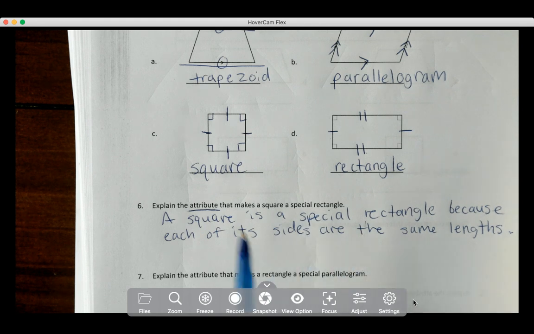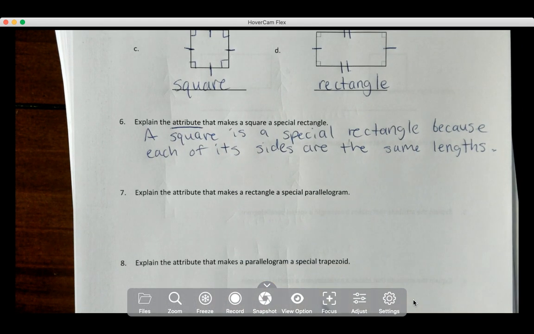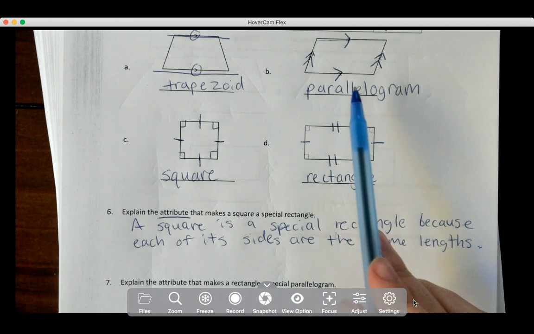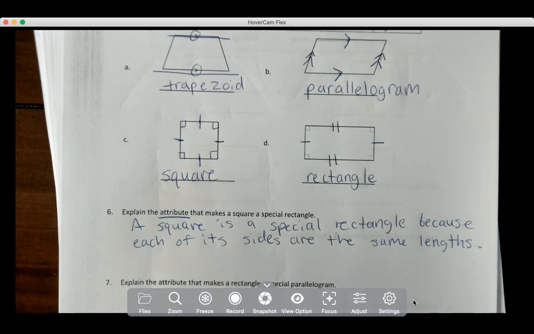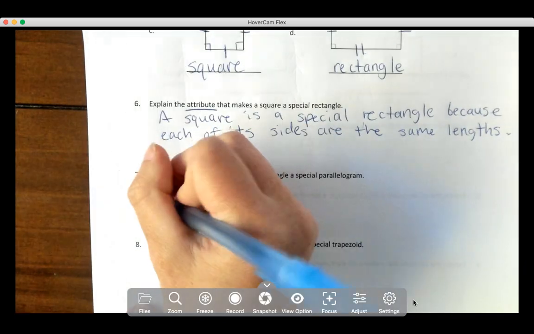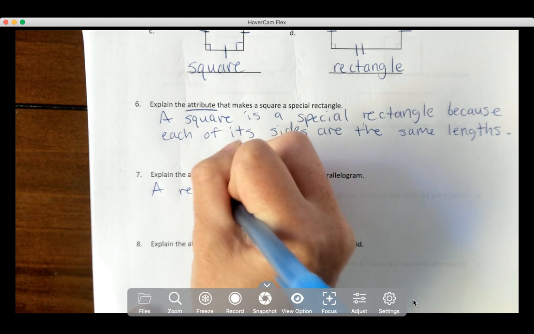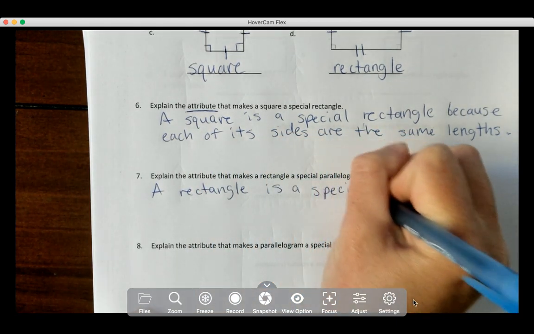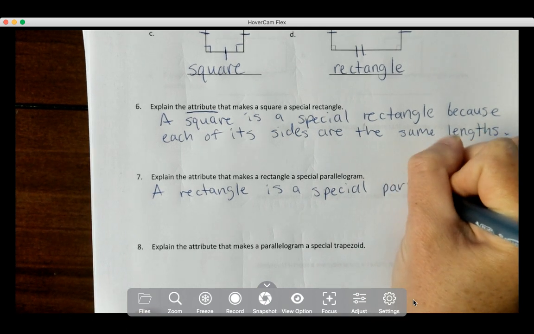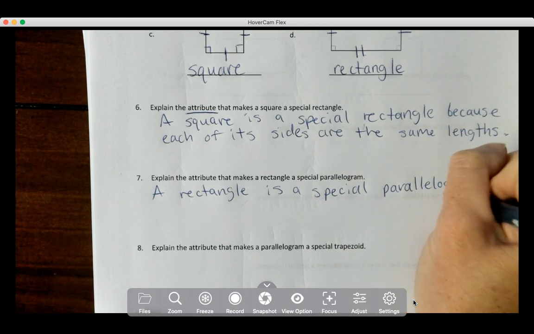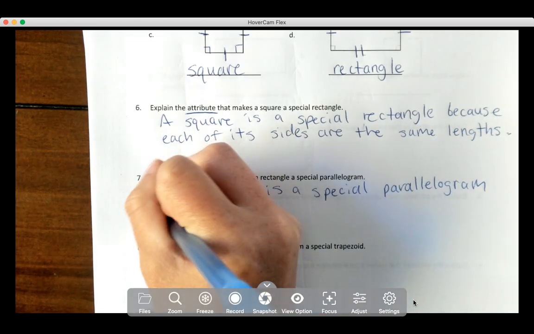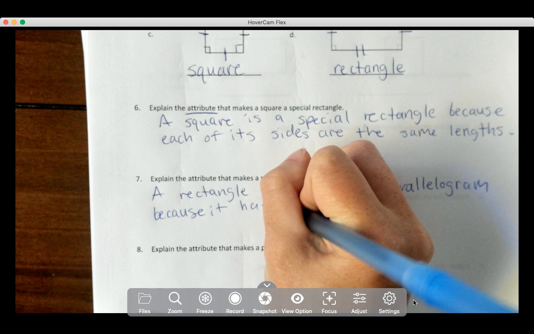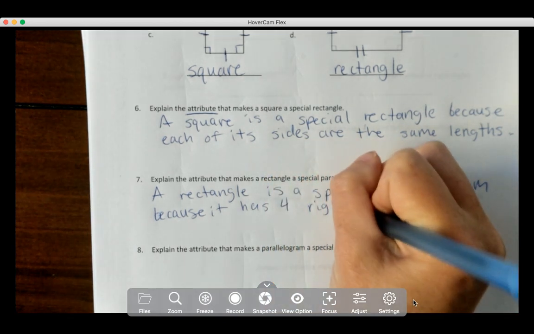For 7, it says explain the attribute that makes a rectangle a special parallelogram. So look at the rectangle. What makes a rectangle a special parallelogram? Again, let's write a sentence. A rectangle is a special parallelogram because it has 4 right angles.